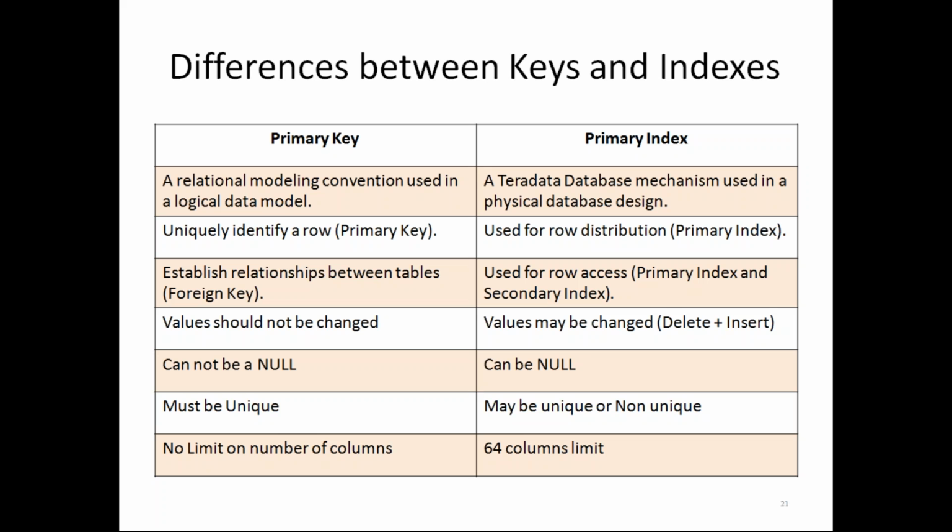And primary index is a Teradata database mechanism used in physical database design. In Teradata these primary keys would exist in the logical data model, but generally we don't physically implement them on the tables because it is a data warehouse.